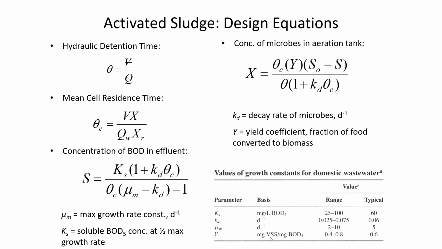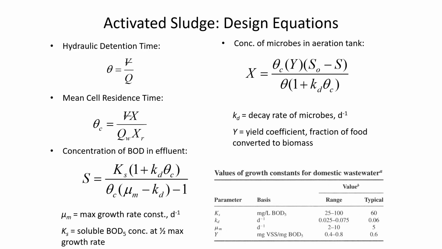So what I'm going to write down is K sub S is 60 milligrams per liter, because we're going to use this in the example for a minute. K sub D is 0.06 inverse days, days to the minus 1. Mu sub M is 5 inverse days.